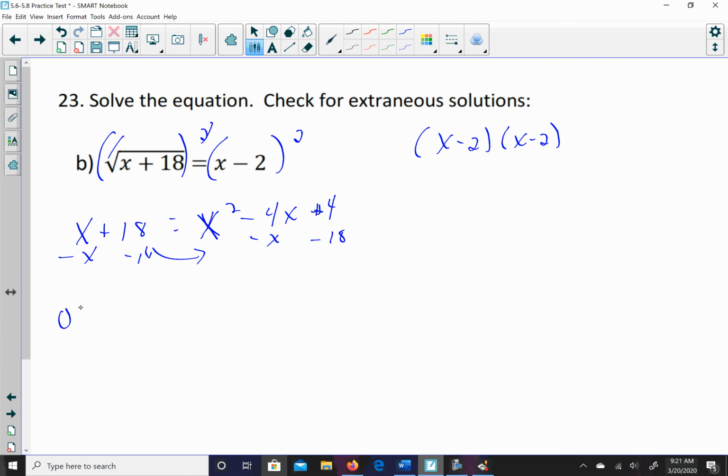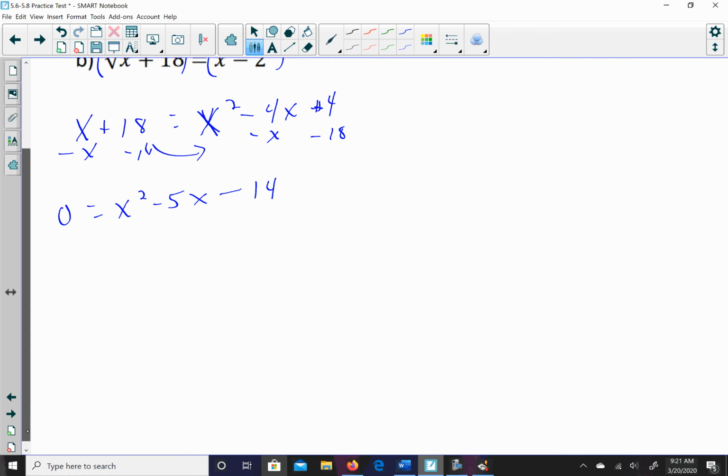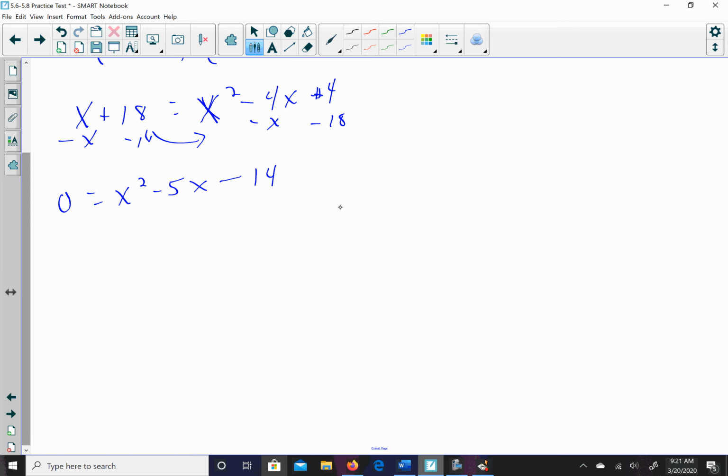And when I do that, I get 0 is equal to x squared minus 5x minus 14. Then I have to do product sum. Off to the side, my product is negative 14. My sum is negative 5. So I'm going to end up using a positive 2 and negative 7.